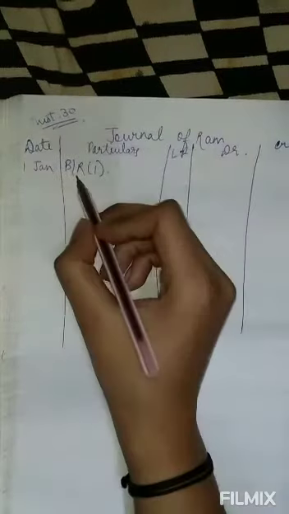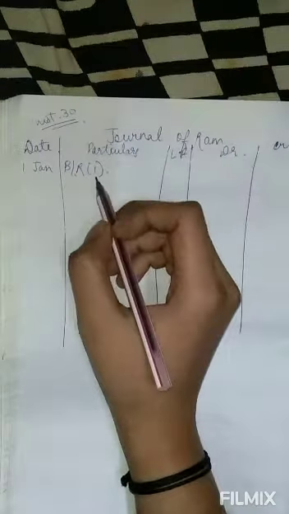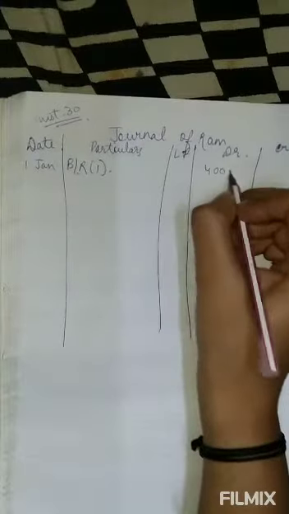Today we are going to do illustration 30 of bills of exchange. In this, on 1st January Ram drew on Mohan, means Mohan is the debtor, and bills receivable are received by Ram from Mohan. So the first BR on 1st January is received of 4,000.